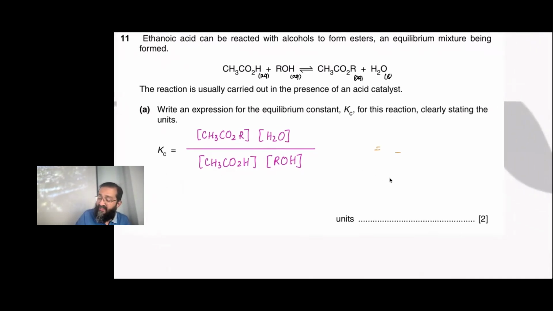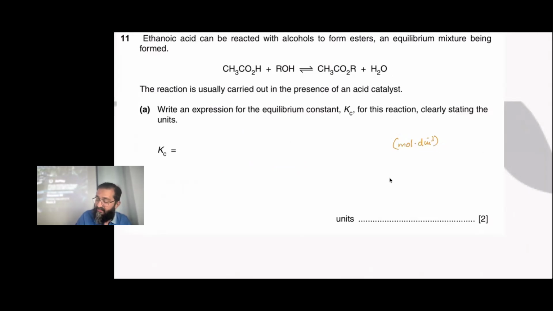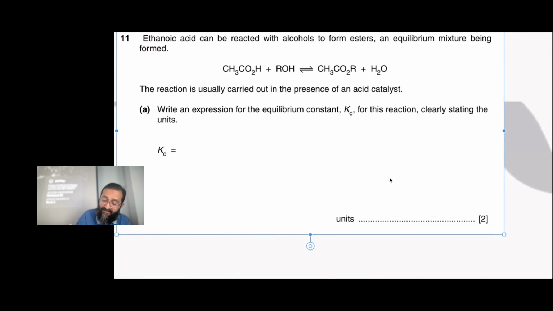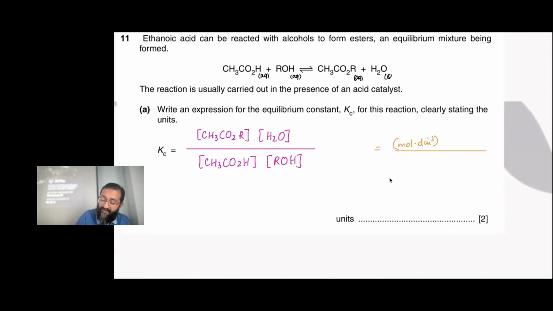If you see, you can easily predict from the Kc expression that there will be no unit. The concentration of ester is in mole per dm cube, the concentration of water is mole per dm cube, for ethanoic acid it is the same, mole per dm cube, and then mole per dm cube.